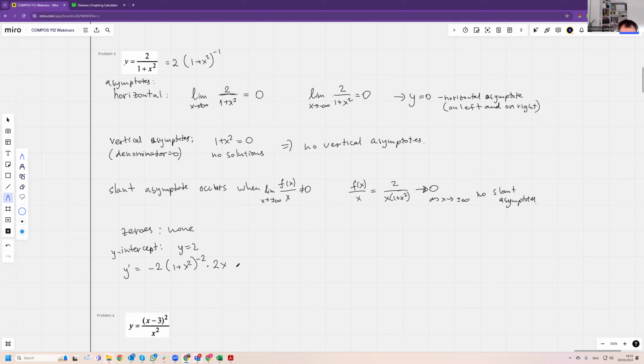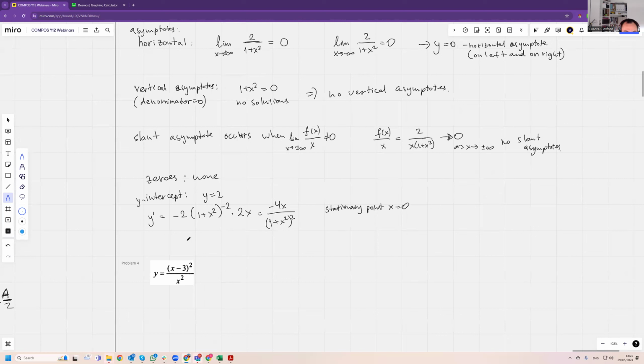Okay, that makes more sense. So that is minus 4x over 1 plus x squared squared. So the stationary point is x equals 0, because this is 0 when x is 0. That's good.